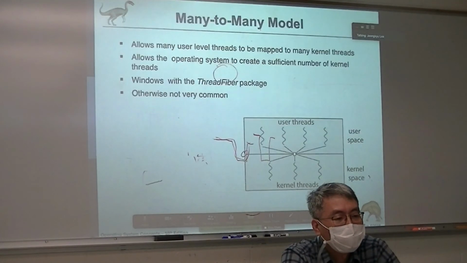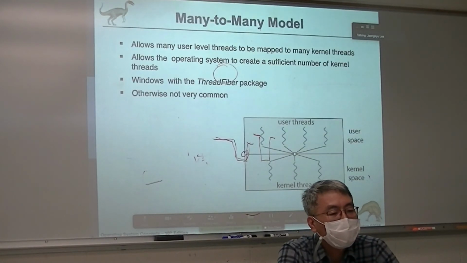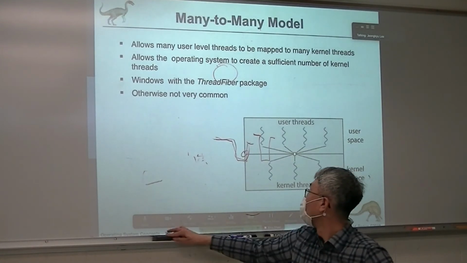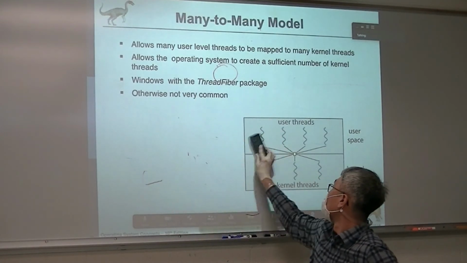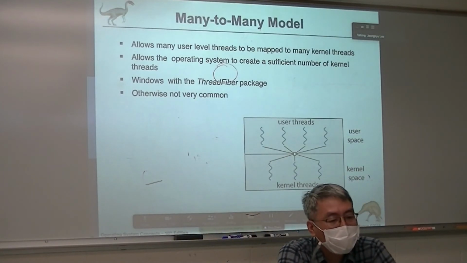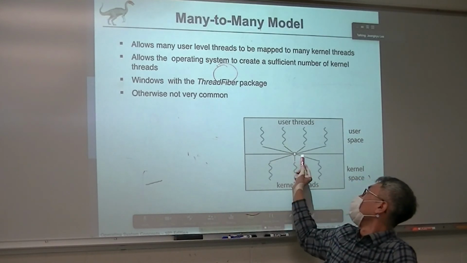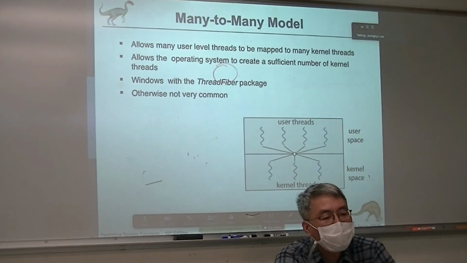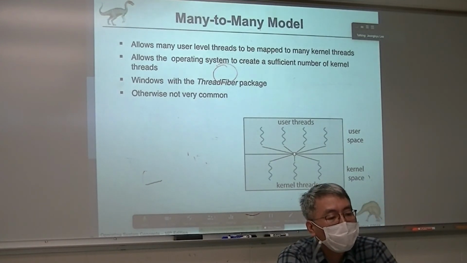Many-to-many is where multiple user threads will be taken care of by multiple kernel threads, but you should schedule which one will be mapped to which kernel thread. The ThreadFiber package on Windows used such a mechanism.